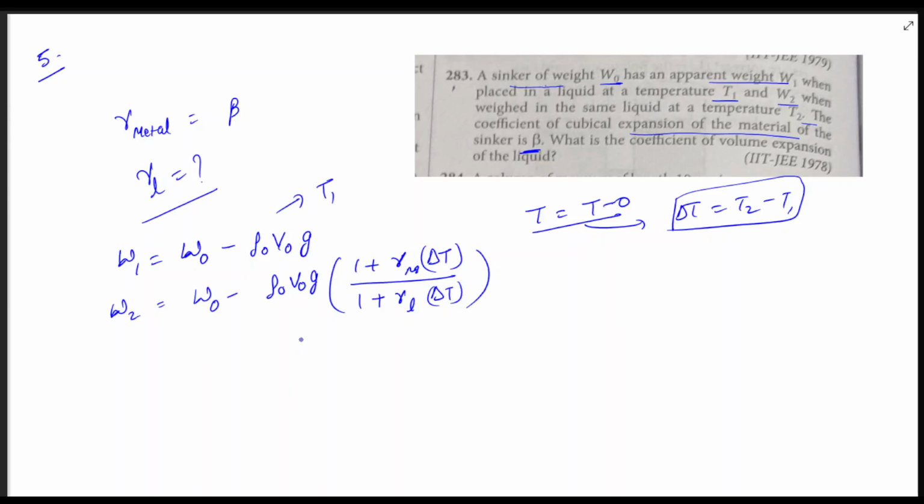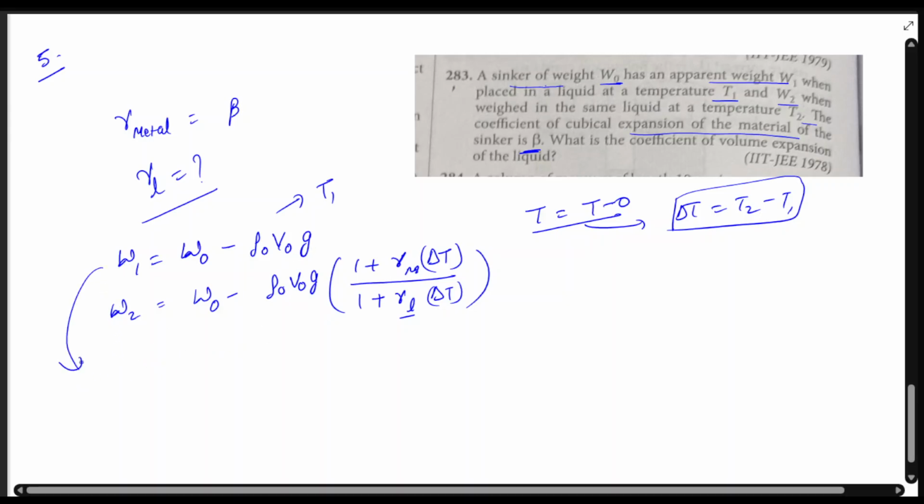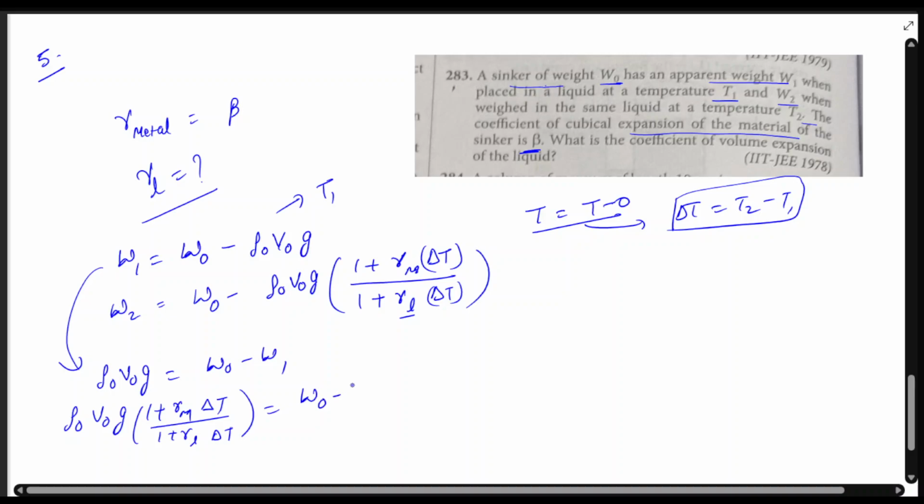We have to find this gamma L, and we do not need this rho naught V naught G. Let's update the equation: rho naught V naught G equals W naught minus W1, and rho naught V naught G into 1 plus gamma M delta T over 1 plus gamma L delta T equals W naught minus W2.